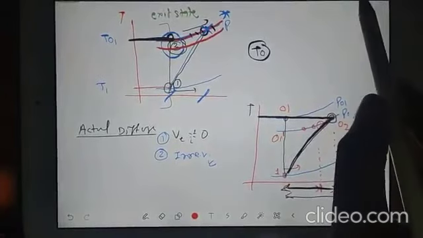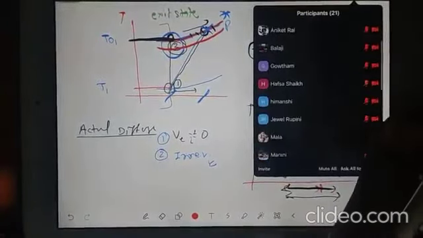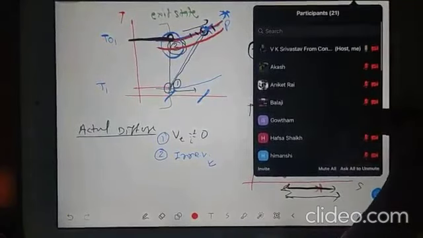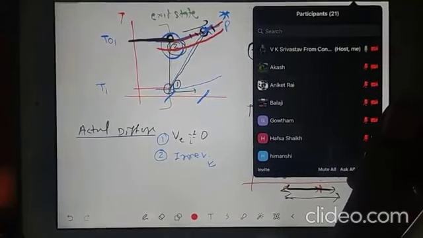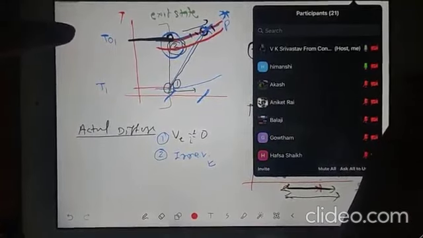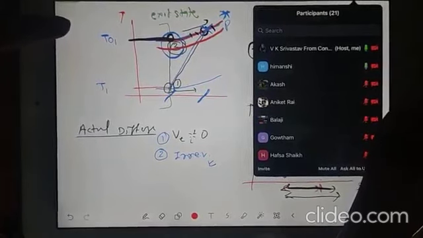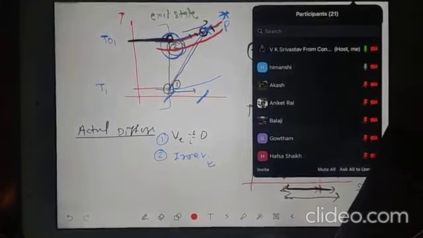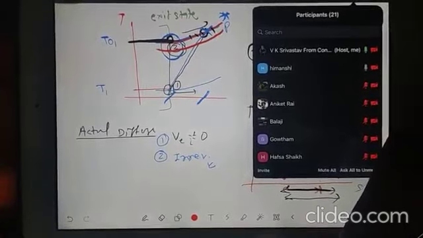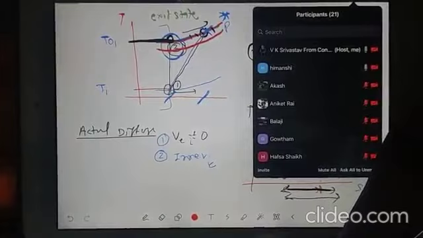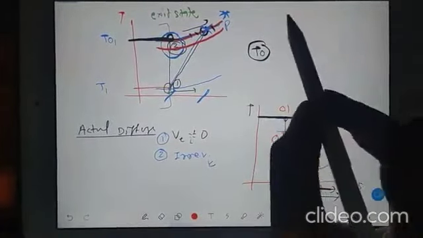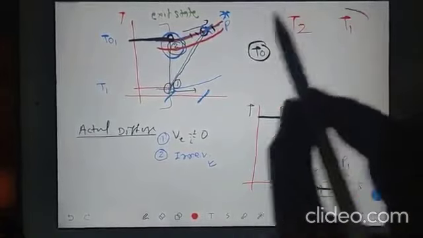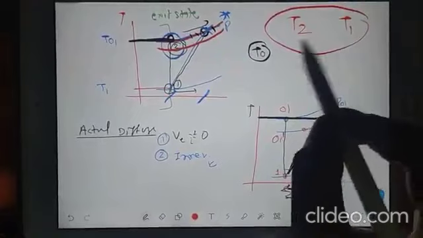Now I'm asking question. Himanshi, will you try? Static temperature at the exit will be less or more? I mean, I want to know about this relation T2, T1.